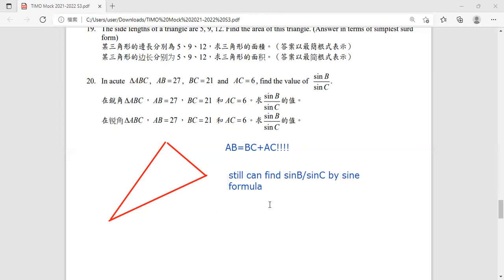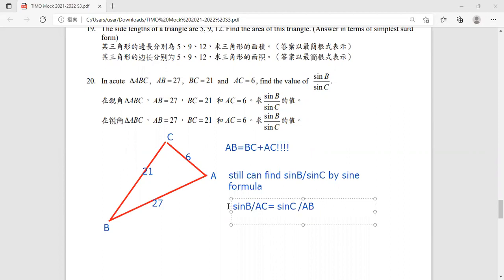Now let's put the coordinates on it. This is 27, this is 21 and this is 26. This is B, this is C and this is A. Sine B over AC is equal to sine C over AB.